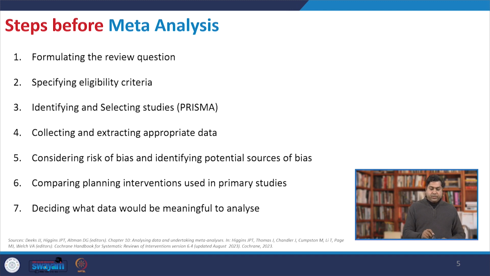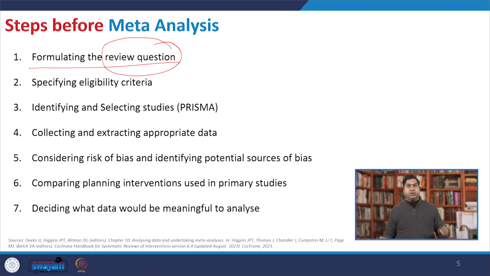Before that, and this is a typical need for any review, all of a sudden you will not start the review. We have to first formulate the research questions, or in this case better to say the review questions, what you are searching for. Suppose I want to study the relationship between the parents' income and the choice of school for sending their children.